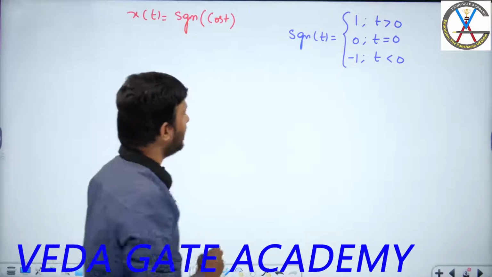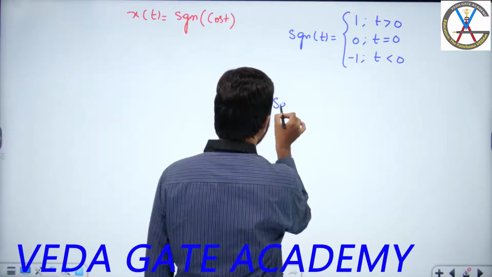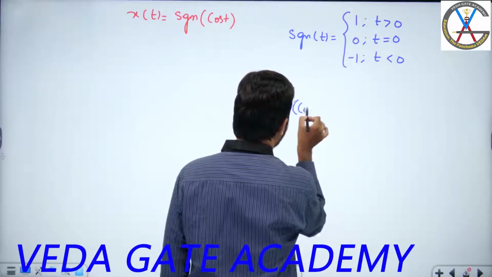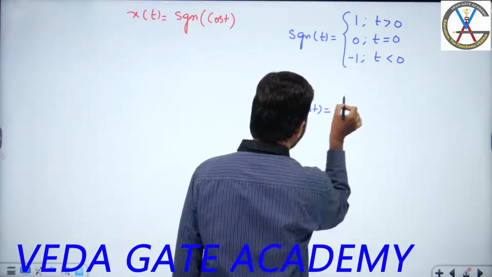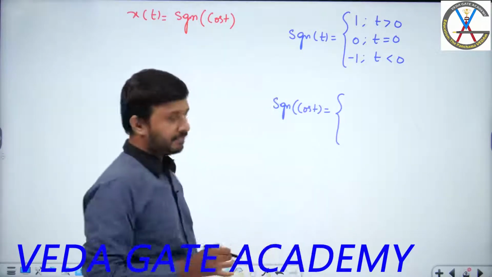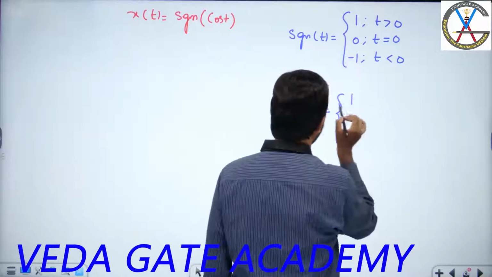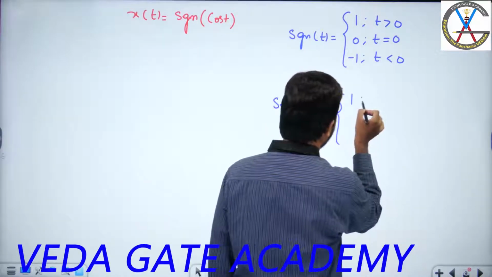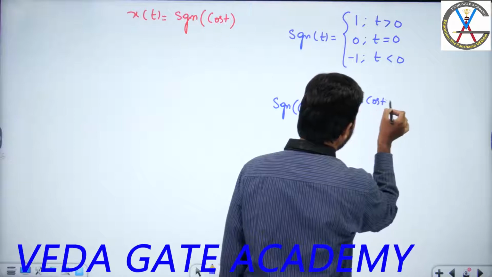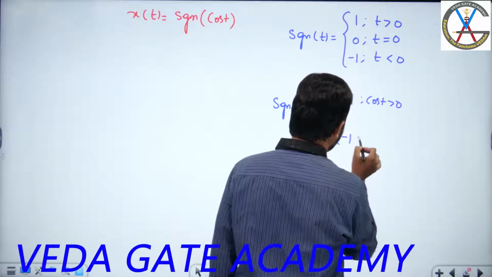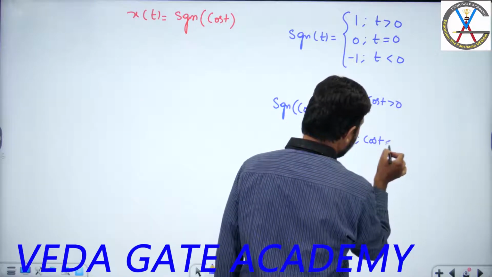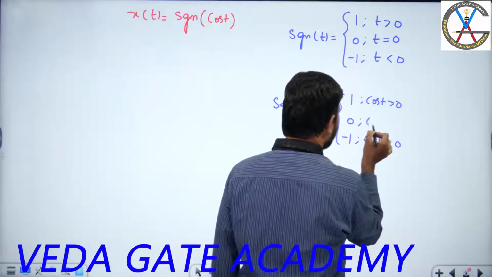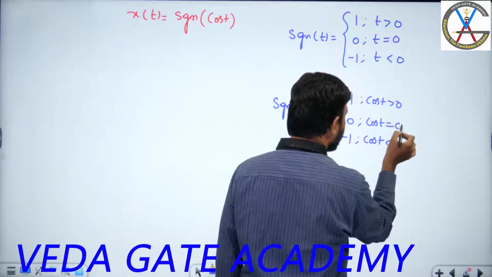In a similar fashion, can you define signum of cos t? It is 1 if cos t is greater than 0, minus 1 if cos t is less than 0, and 0 if cos t is equal to 0.